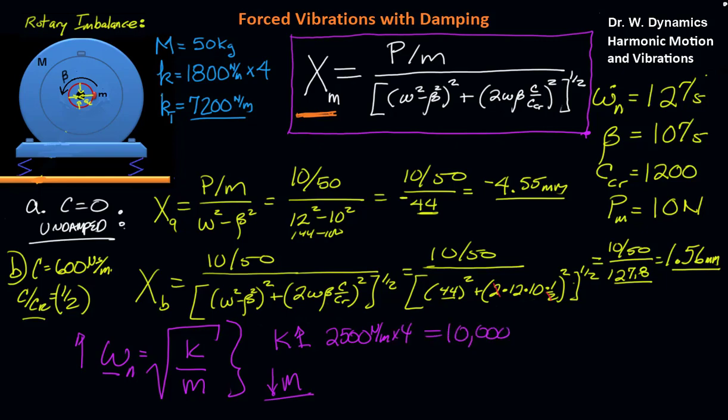So now we'd have 10,000 newtons per meter. That would give us a new omega of 14.14 radians per second, and that would translate out into a maximum deflection with no damping of 2 millimeters. So stronger springs could reduce it.